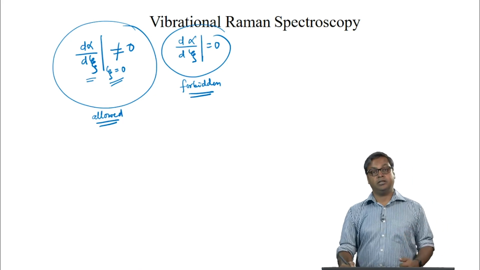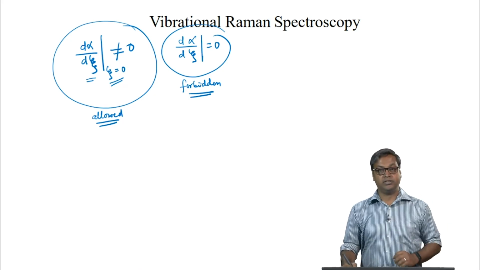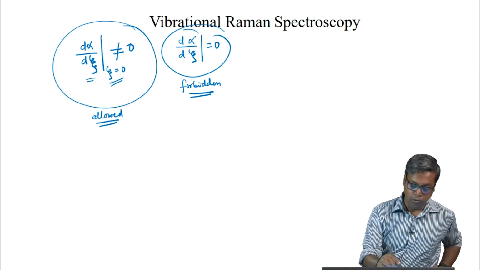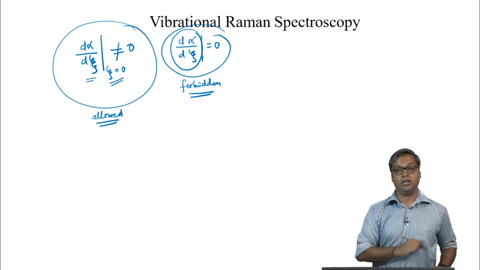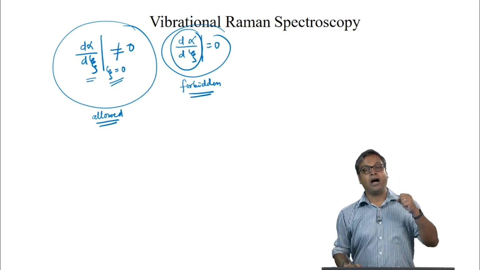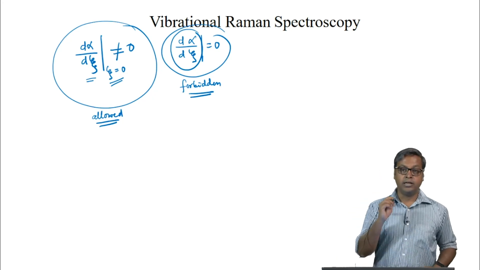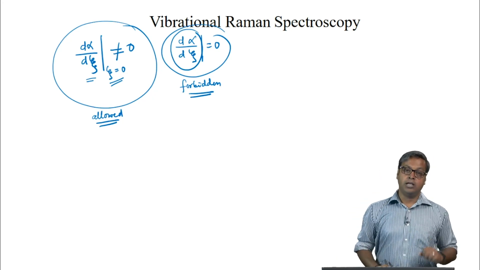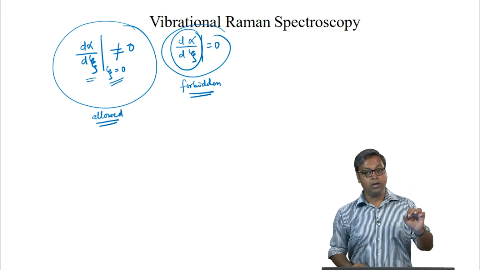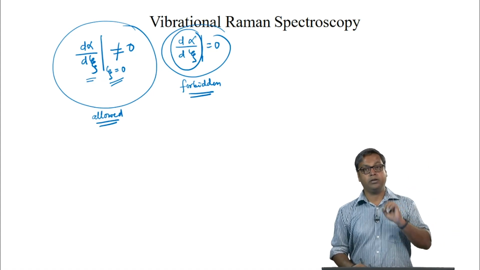So, we can imagine that the degree of allowedness varies with the value of the slope, that is d alpha d psi. Thus, if the polarizability curve has a large slope at the equilibrium position, the Raman line will be strong, and if the slope is small, then the Raman line will be weak.